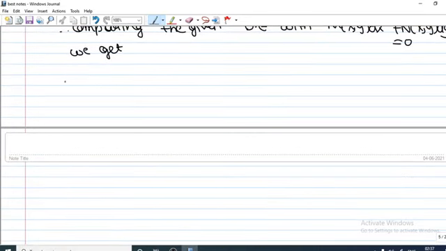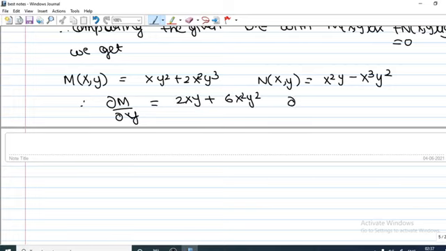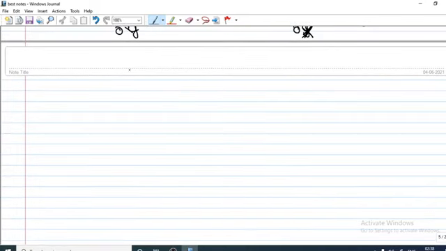We are going to get something like M = xy square + 2x square y cube, and secondly N. So we got these two things, but you can clearly make out they are not equal.